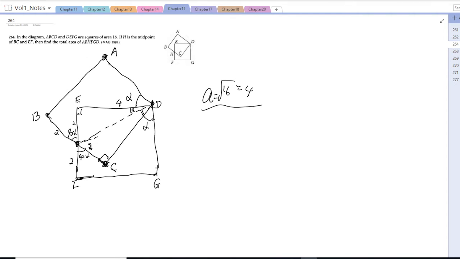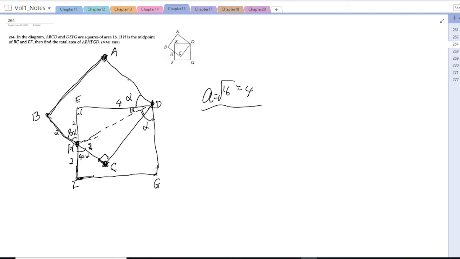Now we want to calculate the area. The area we want to calculate is ABH and this one.